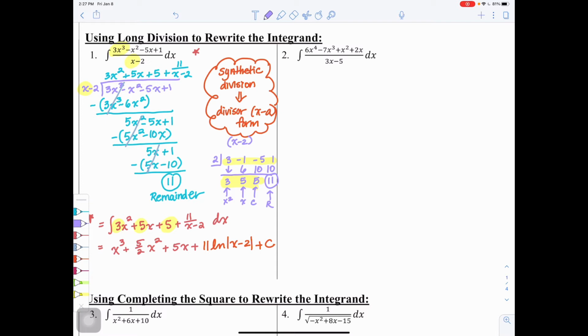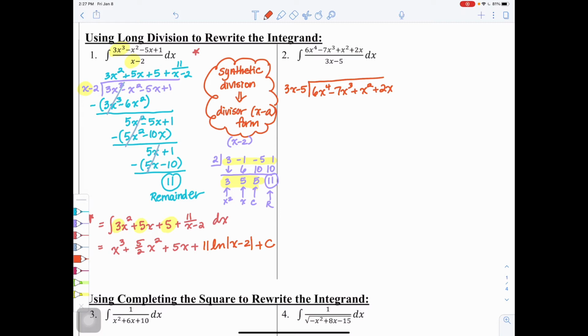So we will go ahead and put 3x minus 5. And now we'll have 6x to the fourth minus 7x cubed plus x squared plus 2x.